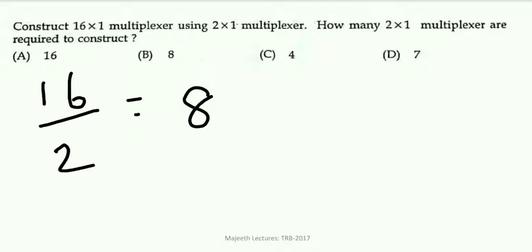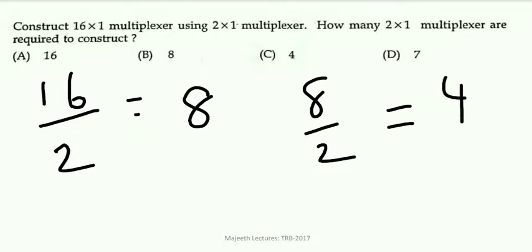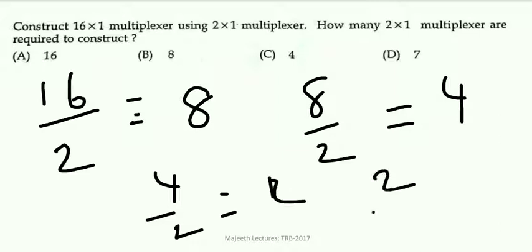Next, divide the quotient by 2 again. So 8 by 2, 4. Continue this process until you get 1 as a quotient. So next 4 by 2, it is 2. Next 2 by 2, it is 1. So we can stop here.